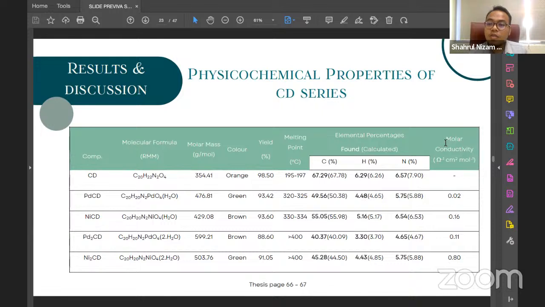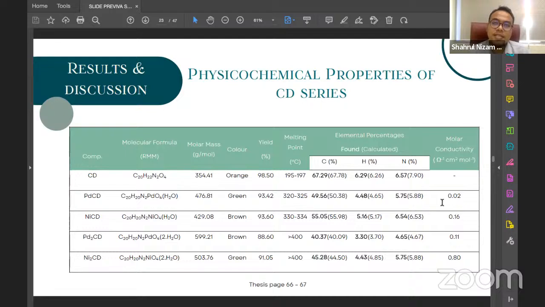And we have also molar conductivity. Molar conductivity was done to know whether there is a counter ion in the compound. So we dissolve our metal complexes in a certain solvent, and then we test with the molar conductor.